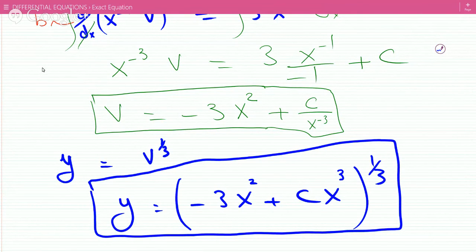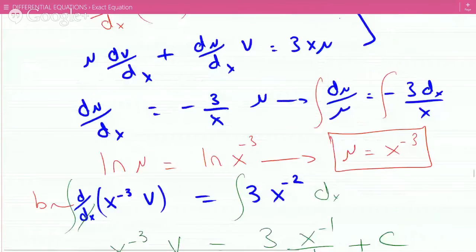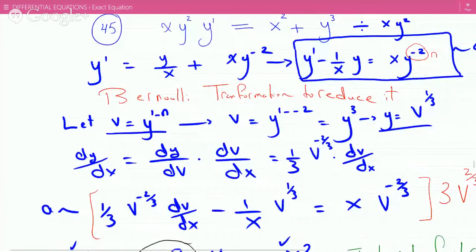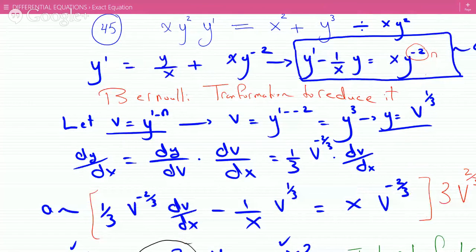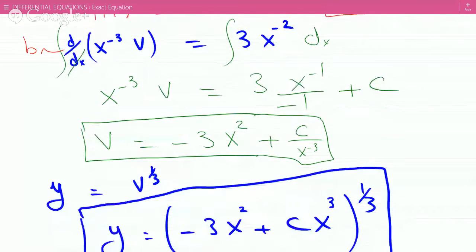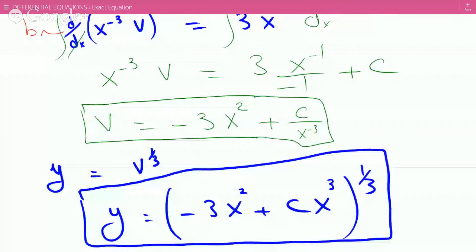You have a question? Here we have a y to the negative 2. So then we would add 3 to it.